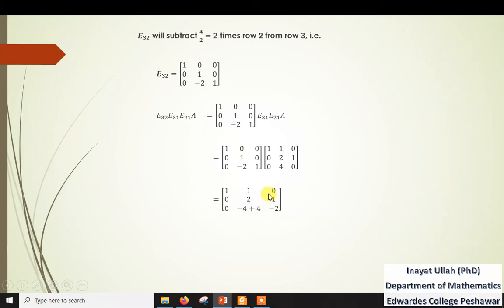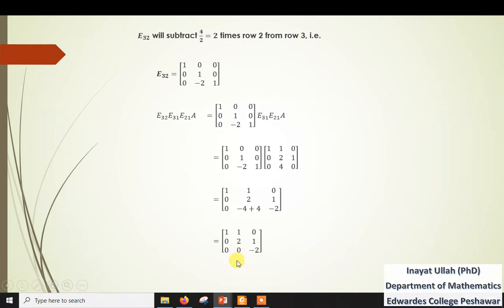I have written this matrix directly. And you see here the effect of this E32 on this matrix E31 E21 A: this E32 makes this 4 into 0.